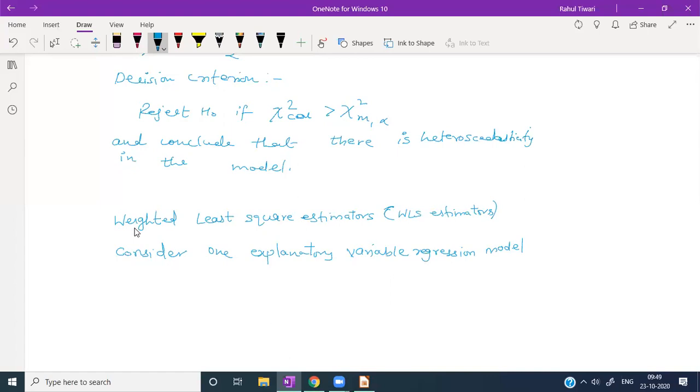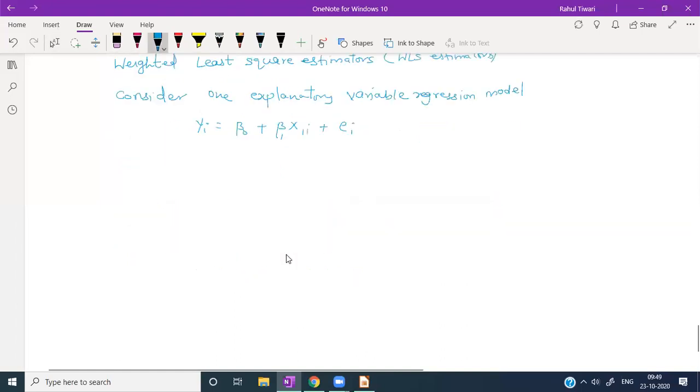So what is that model? Yi is equal to beta naught plus beta 1 x1i plus some error term ei.